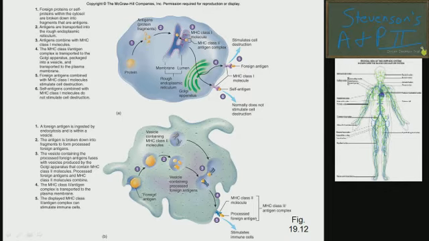These antigens then combine with the MHC class 2 molecules and are transported to the plasma membrane. And then it can stimulate immune cells to come and say, hey, take care of these things here. They come in and destroy these invading antigens, but the cell provides that signal by moving them to the exterior of the cell.